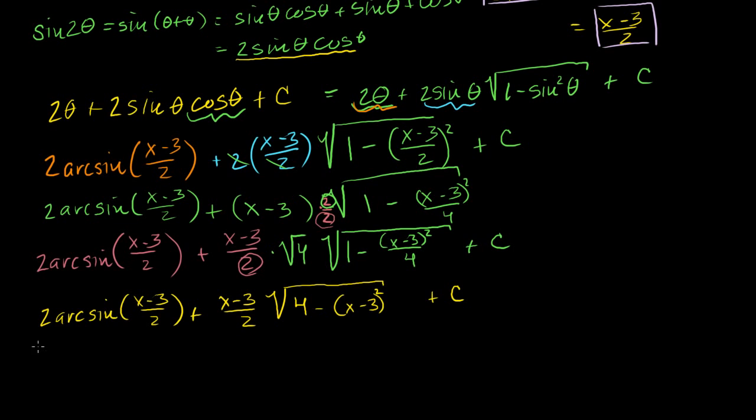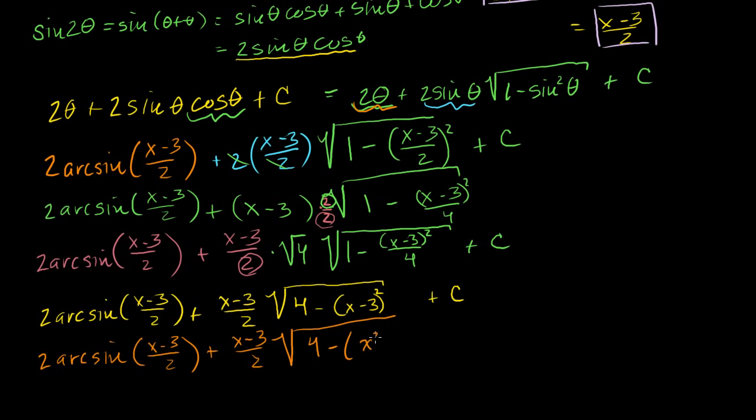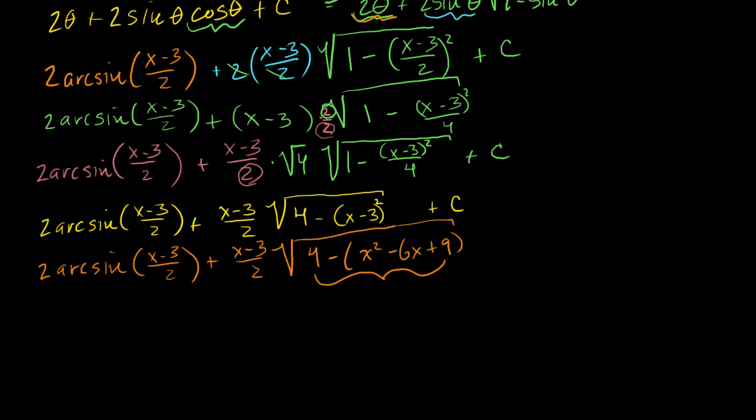This is equal to 2 times the arcsine of (x - 3)/2 plus (x - 3)/2 times the radical of 4 minus, let's expand this, x squared minus 6x plus 9. And then this expression right here simplifies to, minus minus, it's 6x minus x squared, and then you have a 4 minus 9, minus 5, which was our original expression.